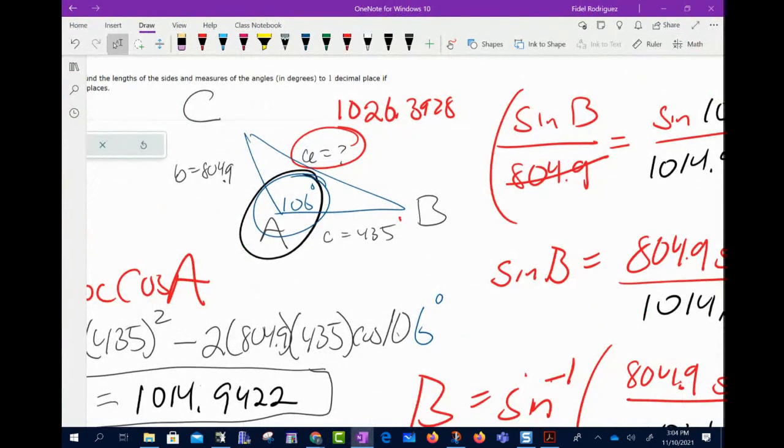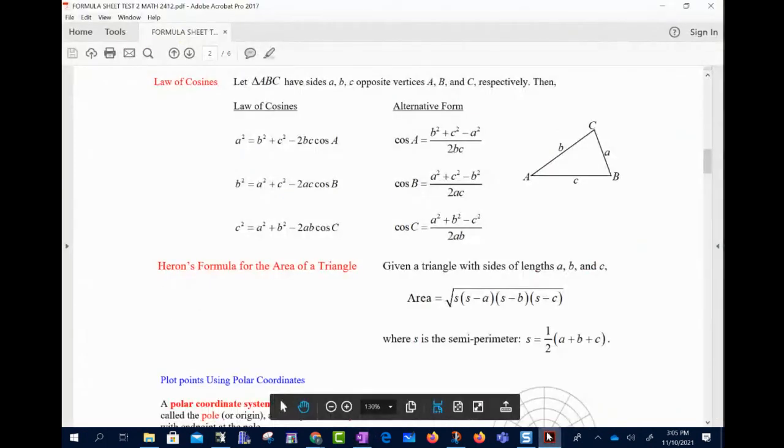No, because to use the law of sines I need the angle and the side opposite. We had the angle, but not the side opposite, and we had these sides, but not those angles. So the only other option was to bust out my formula sheet and use the law of cosines.